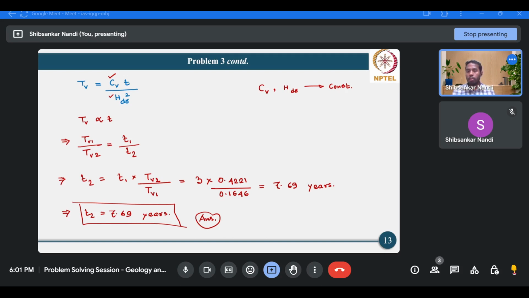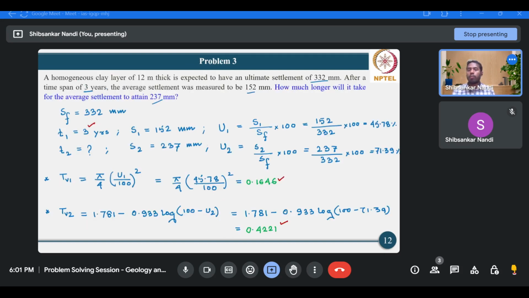So therefore we can say TV1 by TV2 equals t1 by t2, and from there we have calculated the t2 value as 7.69 years, which is the time required for an average settlement to attain a value of 237 millimeter.